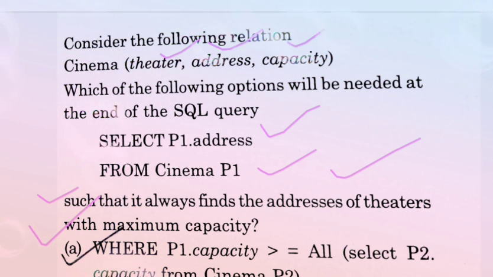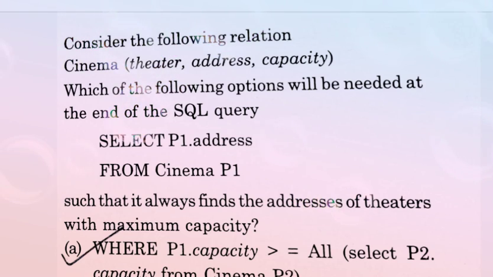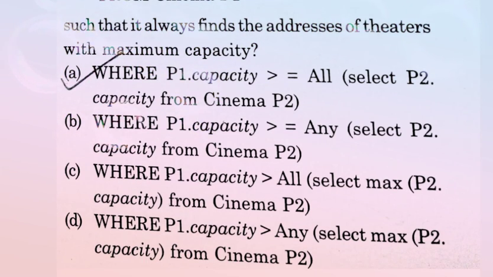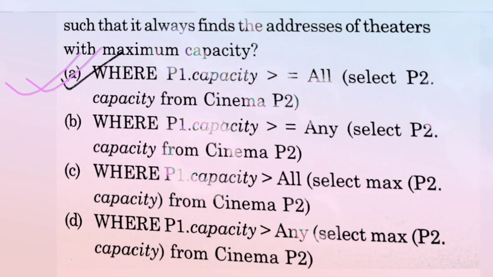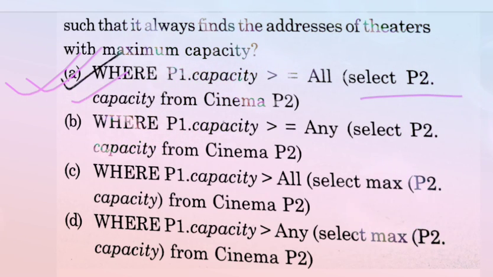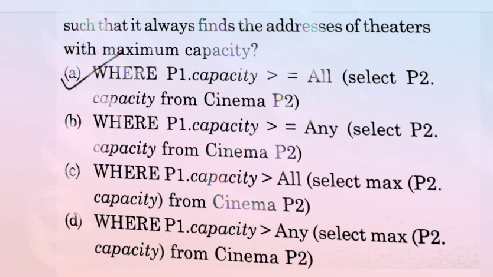We find the correct expression for this. There are four options, A, B, C and D, and the correct answer is option A: where P1.capacity is greater than all (select P2.capacity from cinema P2). So option A is the correct answer. Now come to the next question.